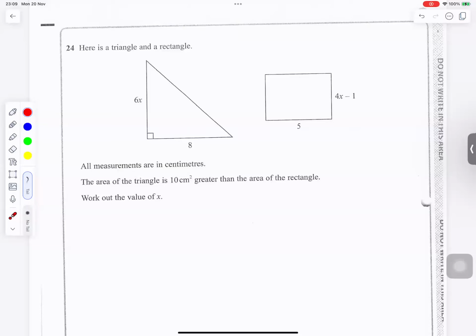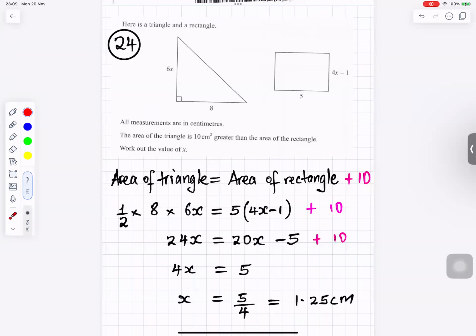Question 24. Area of the triangle is equal to area of the rectangle plus 10. So the triangle is bigger than the rectangle in area, by an extra 10. So how do we find the area of a triangle? Half times the base times the height. The base is 8, the height is 6x.